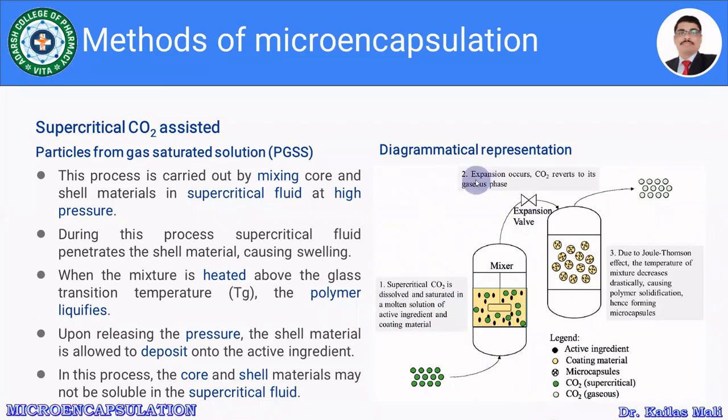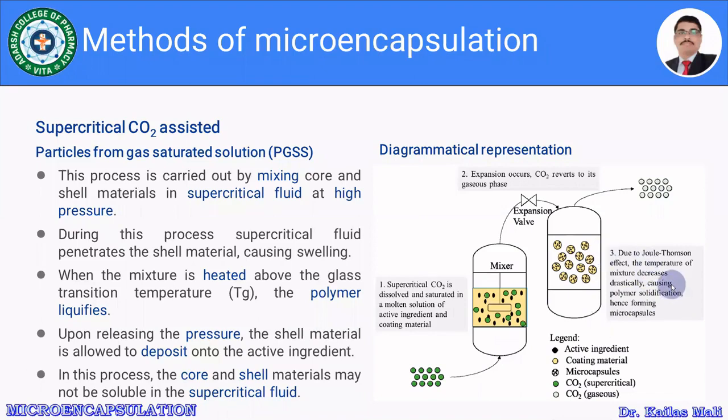In the second step, expansion occurs by releasing the pressure, carbon dioxide reverts to its gaseous phase and the temperature gets reduced, thereby the polymeric material gets deposited onto the active medicament or onto the particles. That is due to the Joule-Thomson effect, the temperature of the mixture decreases drastically, causing the polymer solidification and hence forming the microcapsules or the microparticles.